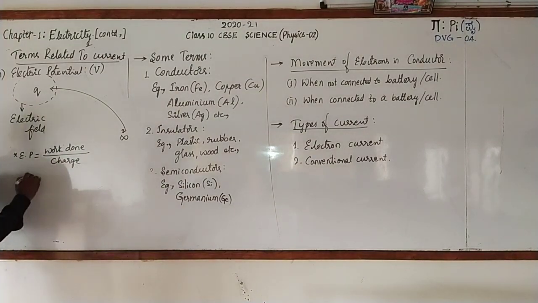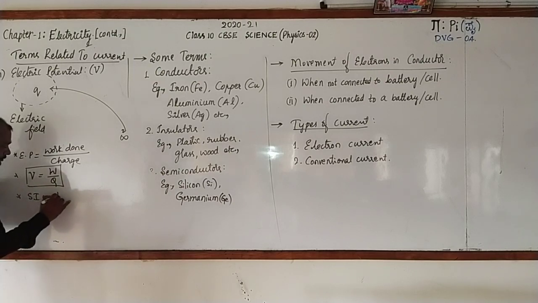Symbolically it can be written as V is equal to W by Q. This is the formula used to find out electric potential. And the SI unit of electric potential is volt.